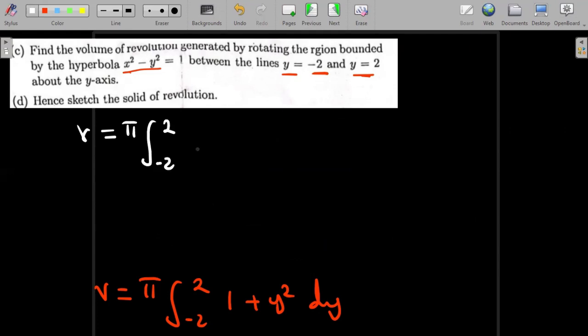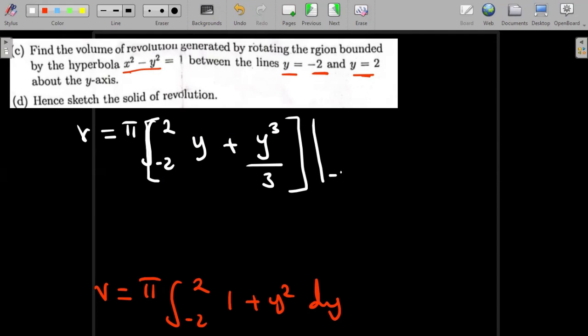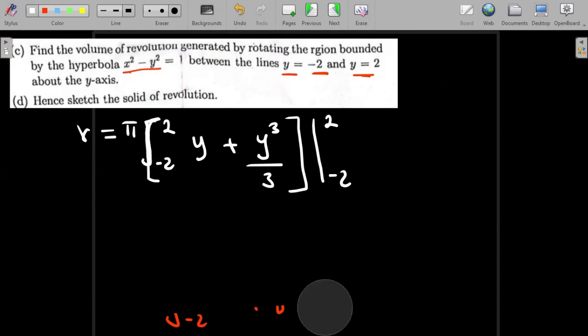You integrate 1, you just get y, then integrate the other one, you have y to the power 3 divided by 3, like this. Because it's a definite integral, we have to now replace those values there.